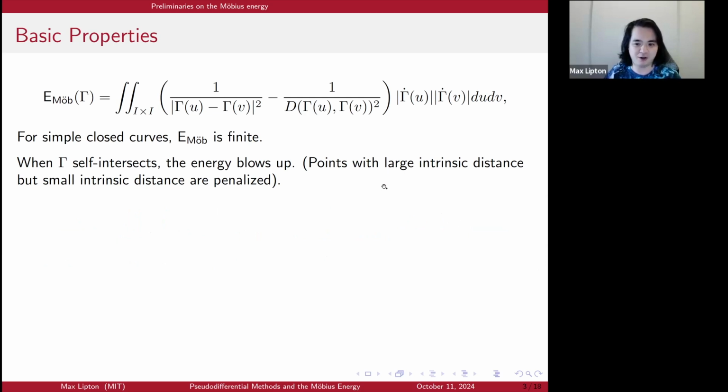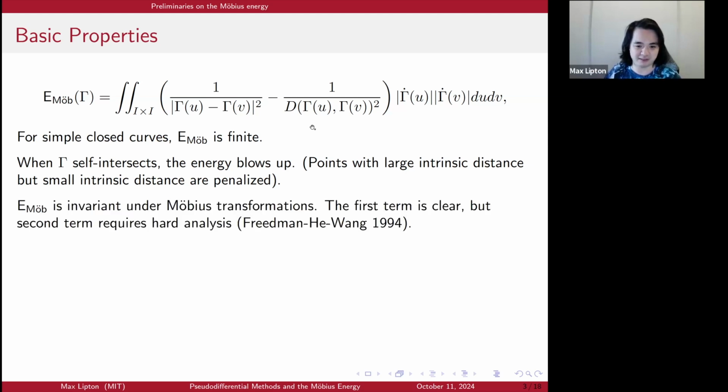That's because when we have points with large intrinsic but small extrinsic distance, there's no cancellation in the integrand, and so we have a Euclidean singularity of the order 1 over norm squared, and so that would force the integral to diverge.